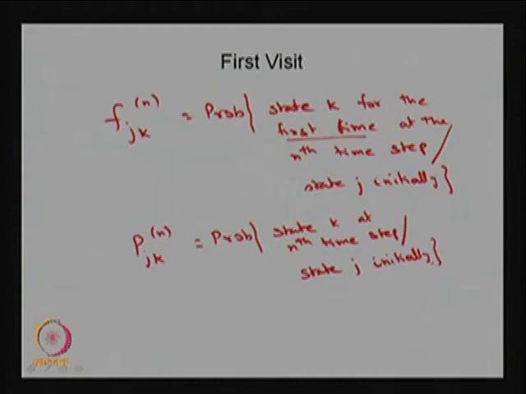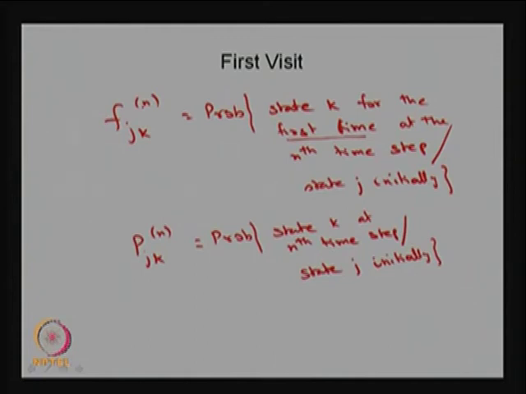The only difference is the first time. That means, here the p suffix j k of n means there is a possibility the system would have come to the state k before the nth step also. So, that probability is included, whereas the f suffix j comma k at the nth step means it reaches the state k only at the nth step.